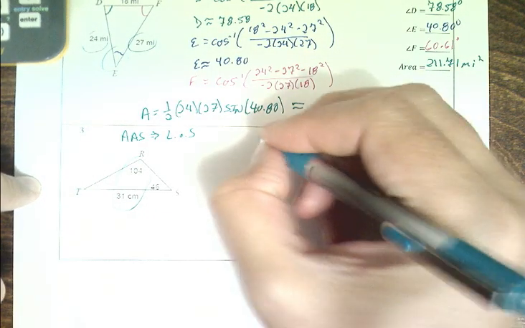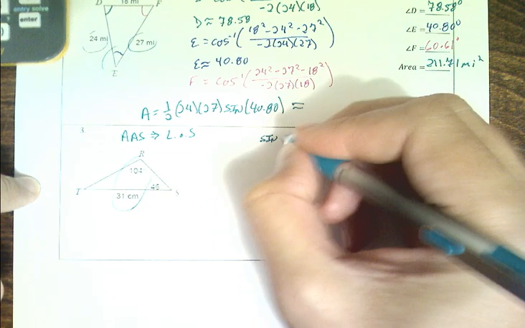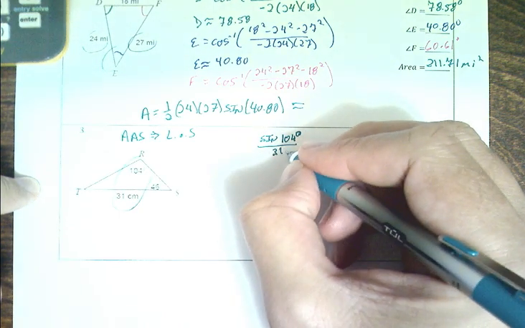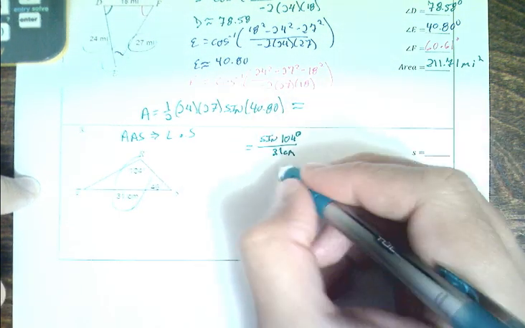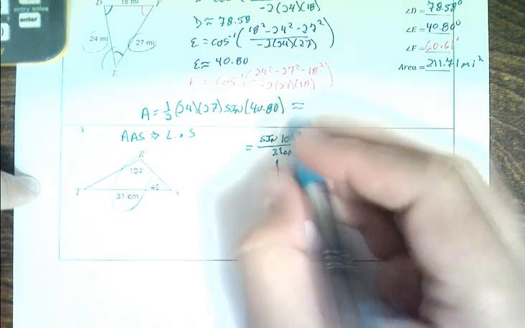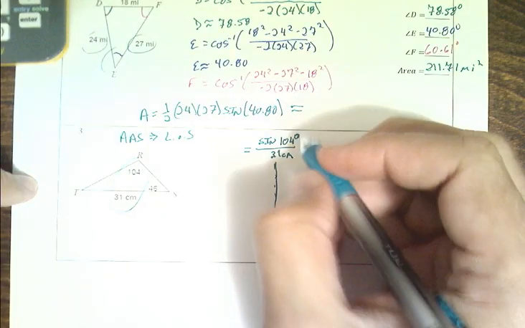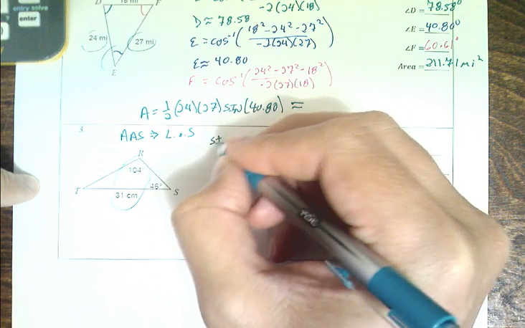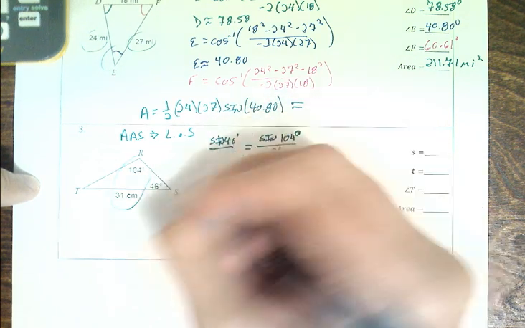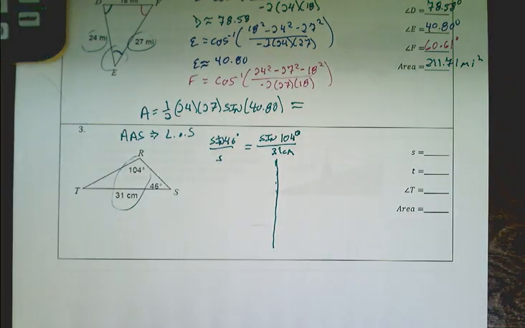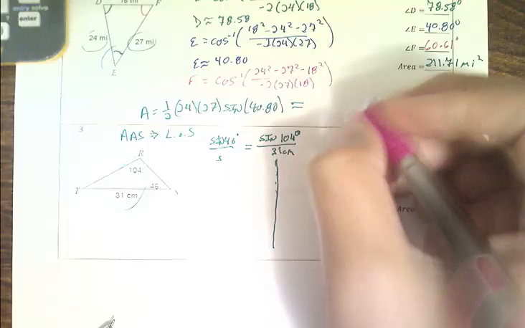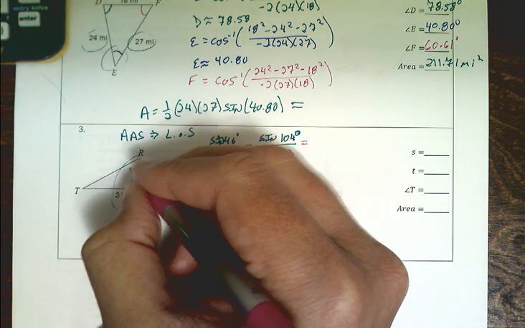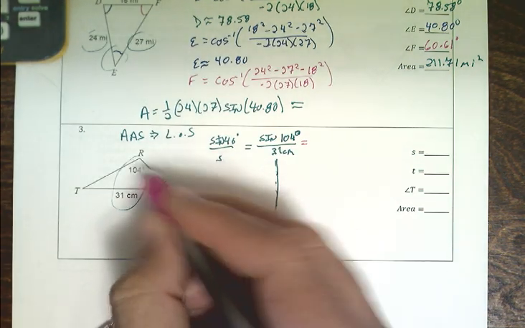So we know that the sine of 104 degrees divided by 31 centimeters is equal to, and I'm going to draw my little division line here so I can do everything I need, sine of 46 degrees divided by lowercase s, and it's also going to be equal to, so 180, so wait, 104 plus 46, that's 150.